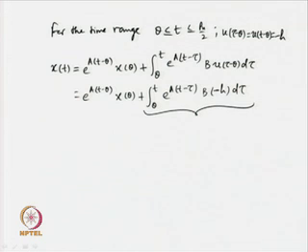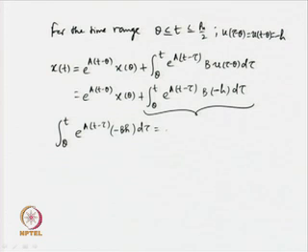Now, like the earlier case, let us simplify the second term. So, simplification of the second term can be done in this fashion: integration from theta to t e to the power a t minus tau minus b h d tau is equal to e to the power a t.